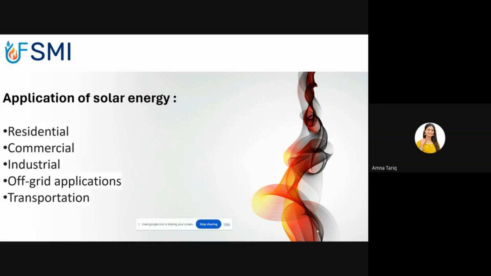Solar energy is also used in industrial processes and to power homes and facilities in remote locations that are not connected to the grid. Solar energy is playing a growing role in the transportation sector, powering electric vehicles. So there are many uses of solar energy systems. We discussed what solar energy is, its categories, advantages, disadvantages, benefits, working process, and photovoltaic cells.